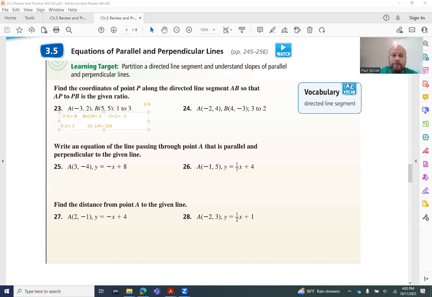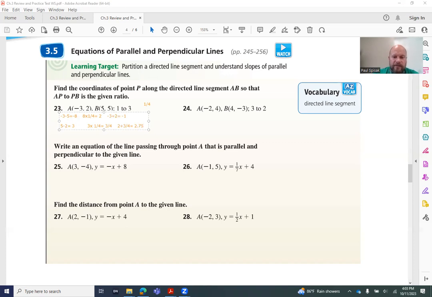So I'm moving 3/4 of a unit down the line, from 2, so 2 plus that 3/4 is going to give us 2.75.